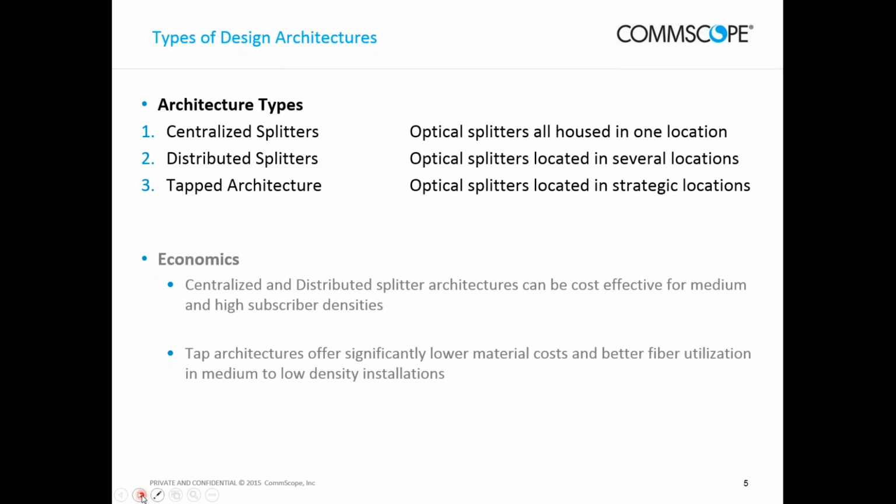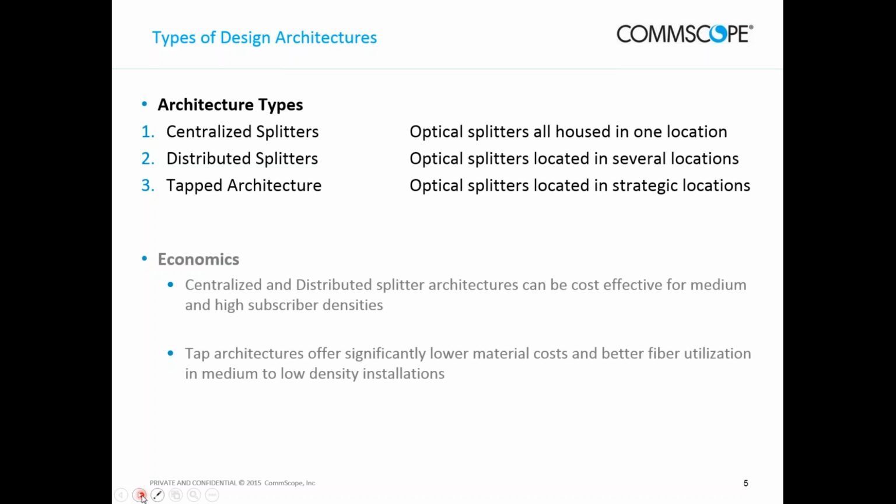But then we look at distributed splitters. This is where we're going to put an optical splitter further back, whether it's in the head end or in a distribution cabinet out in the field, and then at the optical taps or NAPs, several different names to call them, we would place another optical splitter. Generally in the cable industry, we're using fiber to the home right now, transporting an RFoG spectrum out there.